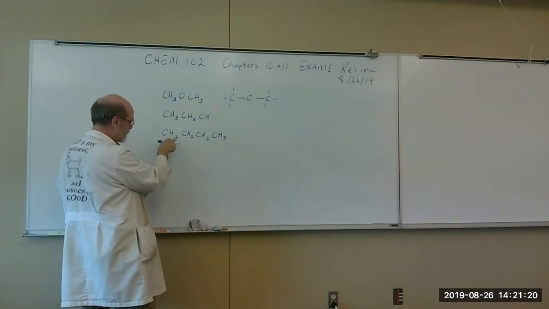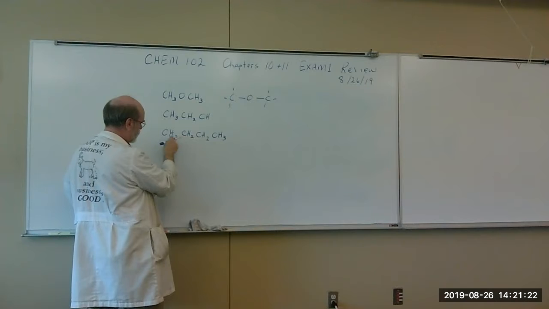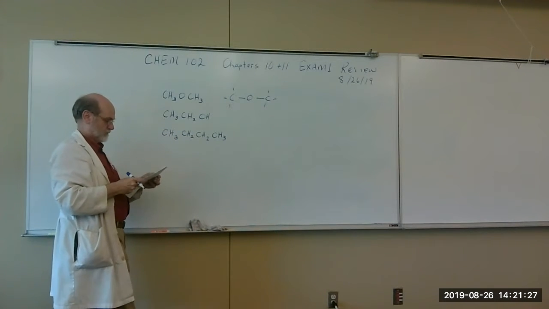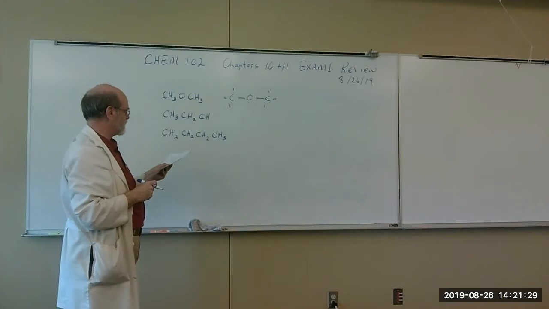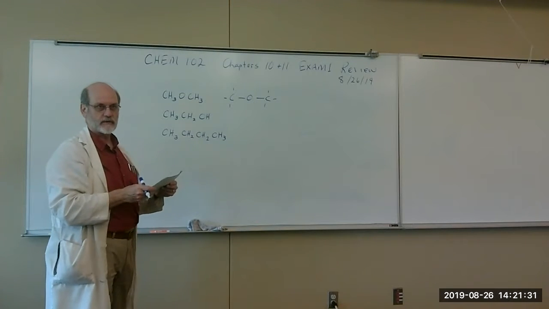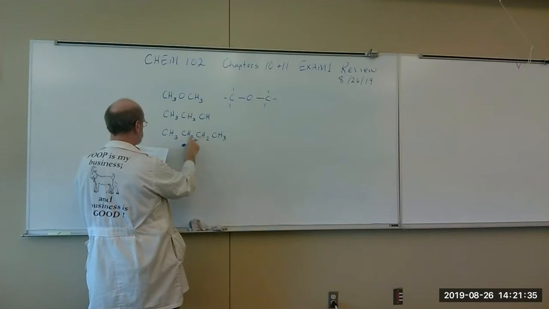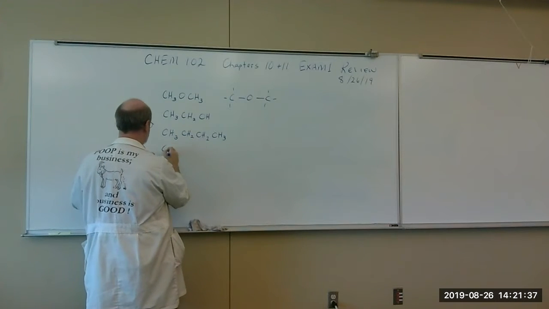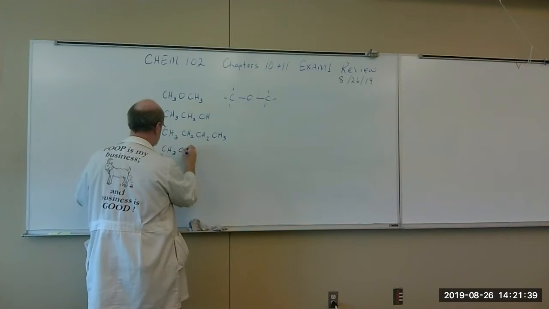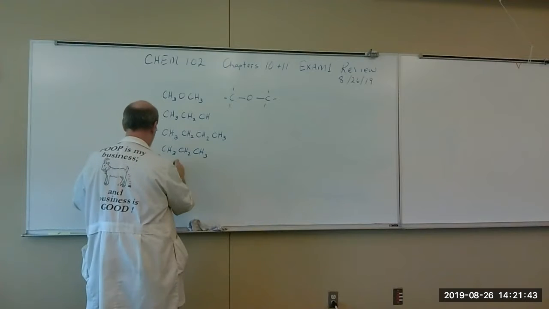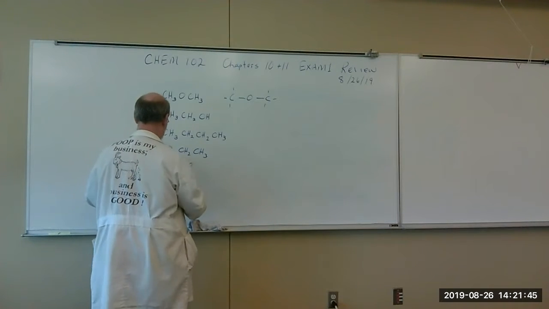So when I write these here, these carbons are bound together and the hydrogens are sticking off the carbons. You would be tested on that until you get to organic chemistry.